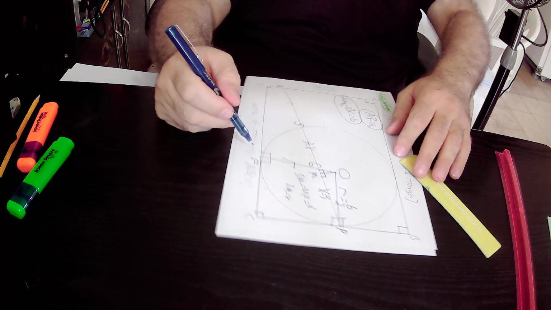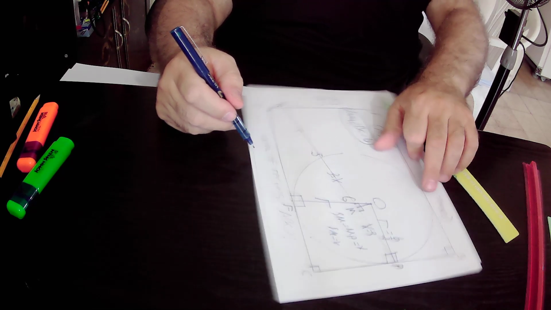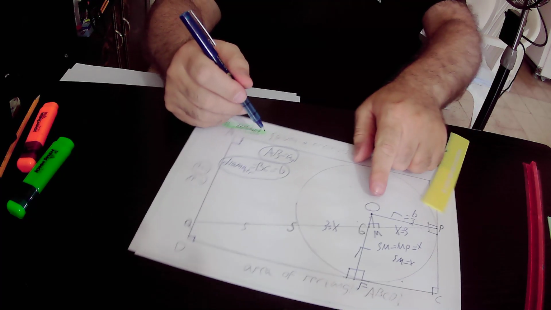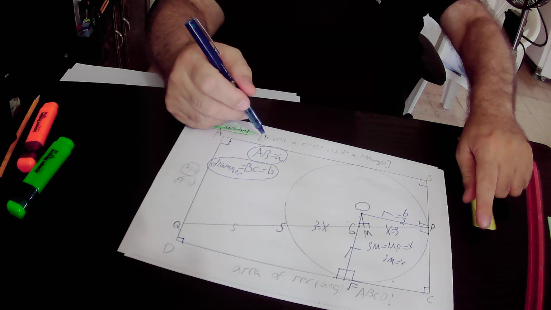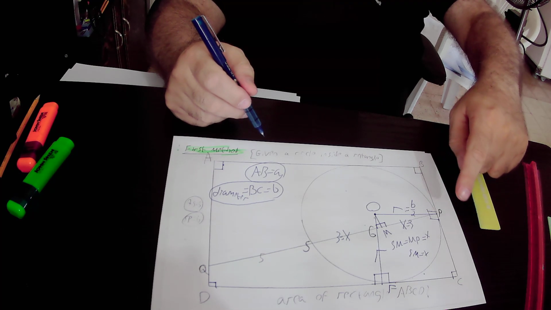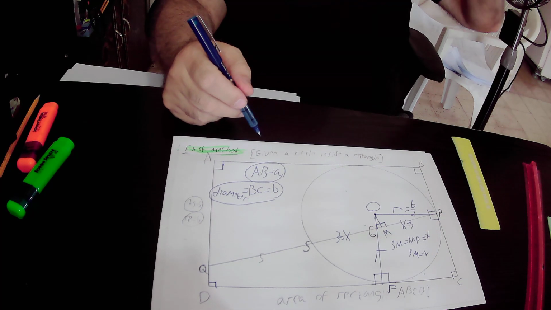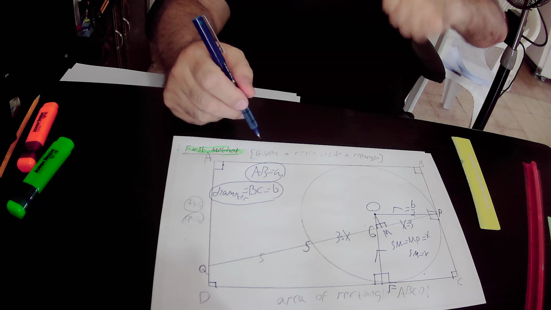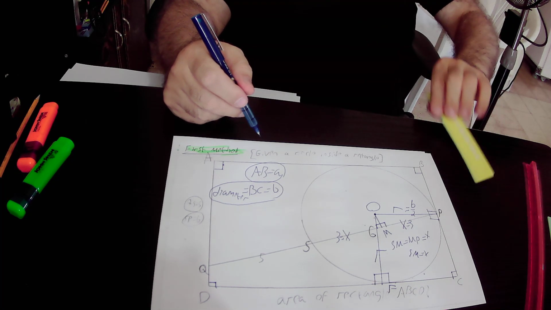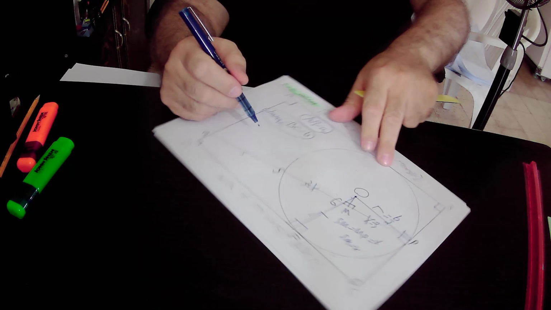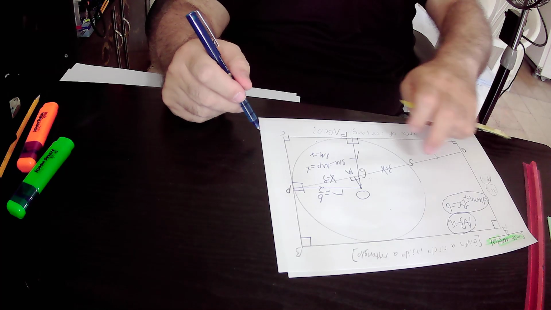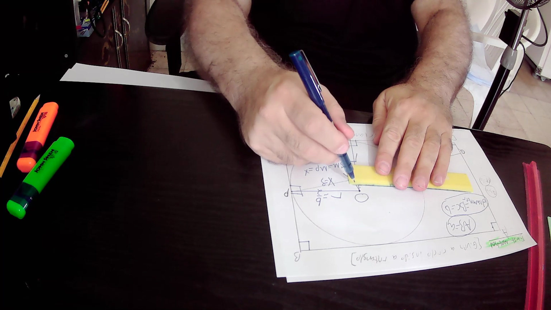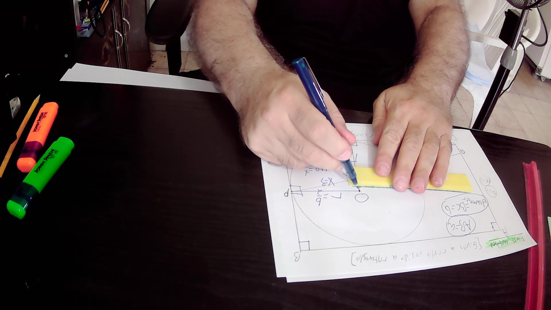So inside quadrilateral OPFC, we have 3 right angles, and in any quadrilateral that has 3 right angles, the fourth angle must also equal 90 degrees in order to complete the sum of the angles in the quadrilateral to 360 degrees.